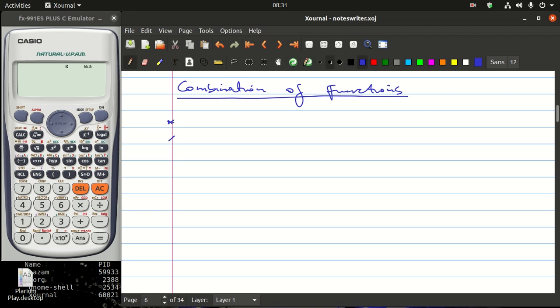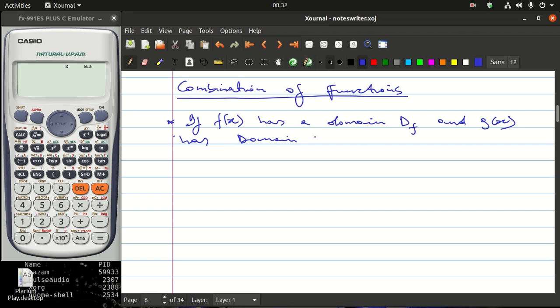If f of x has domain d of f, and g of x has domain d of g, then remember that sometimes you have to split a domain and look into little pieces. That's what I want to emphasize here.